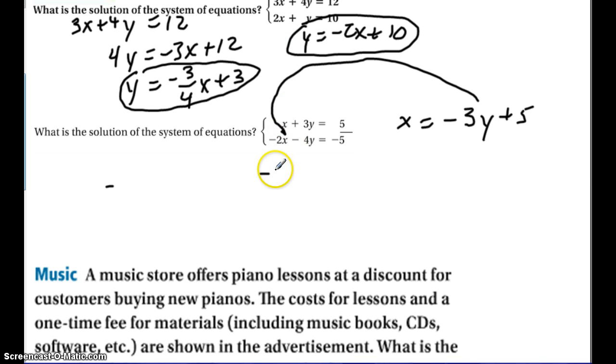You are going to take negative 2 times x minus 4y equals negative 5. Distribute.